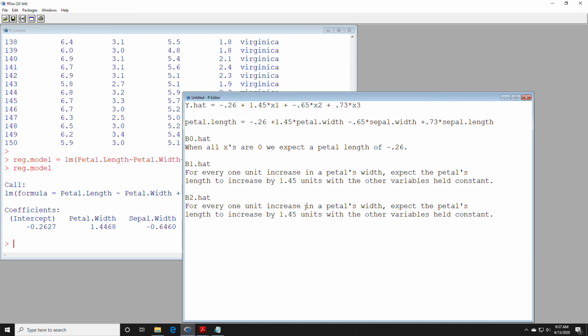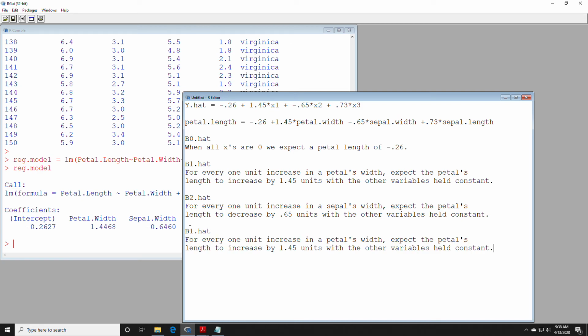For every 1 unit increase in the sepal width of the flower, we expect the petal's length to, notice it's negative, we can't forget that, decrease by 0.65 units, again with the other variables held constant, okay?